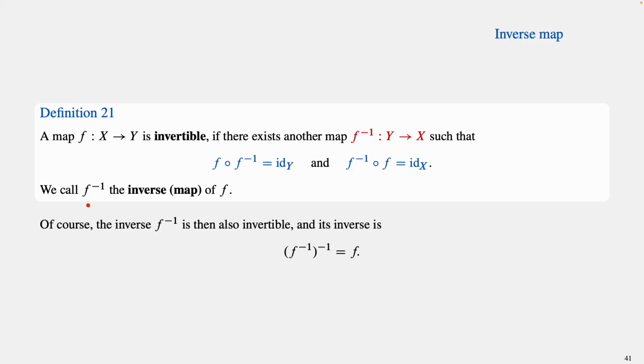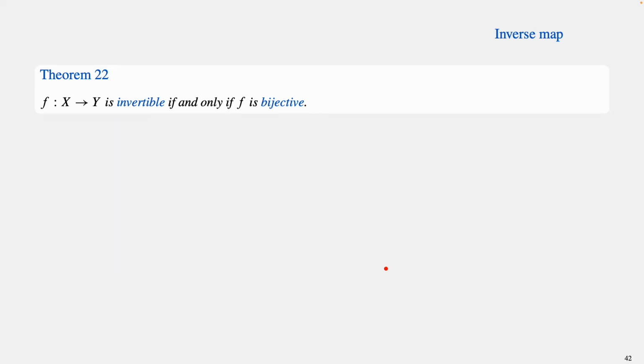And what's clear from this definition, if this inverse map exists, then it is also invertible, and its inverse is just the original function f. This just follows if you reverse the roles of f and f inverse in this definition. But beware, not always can you assume that such an inverse map exists.